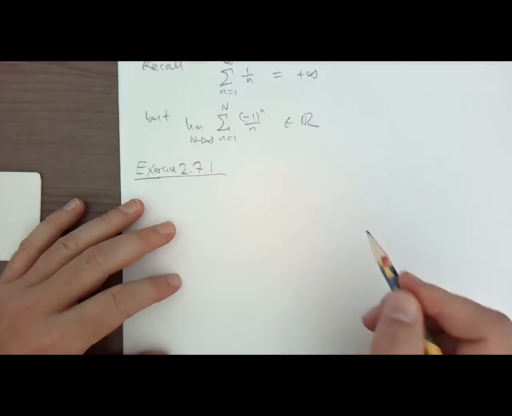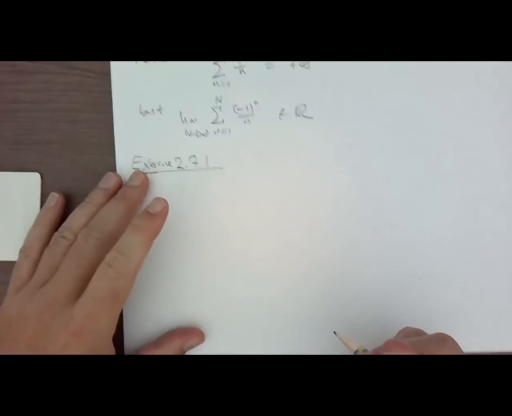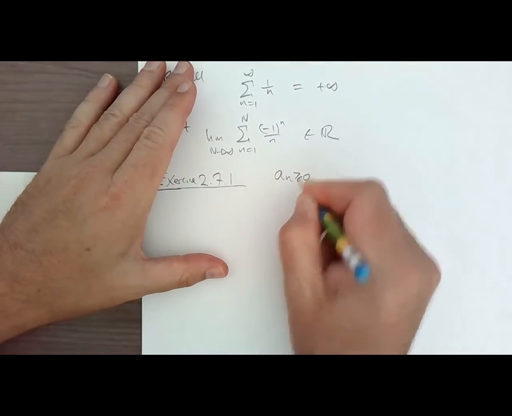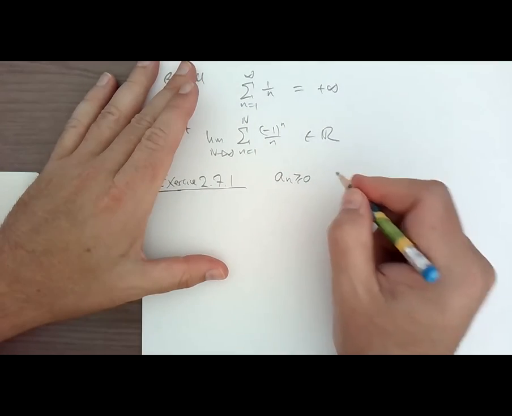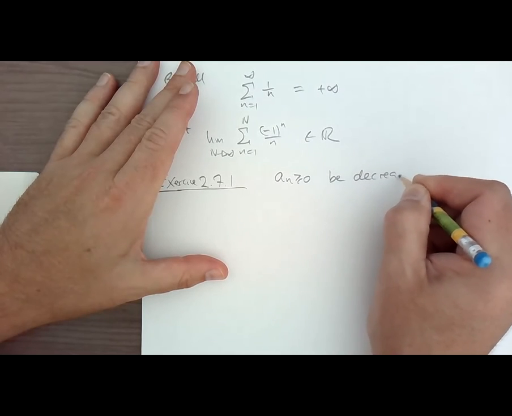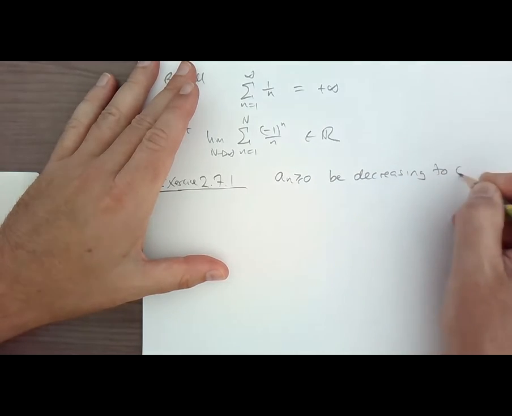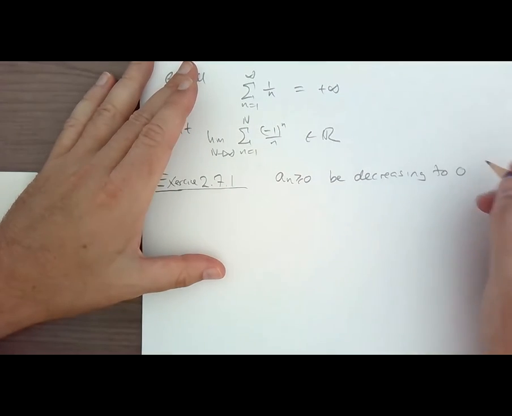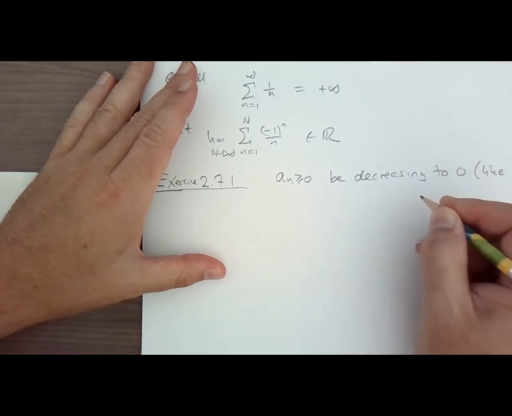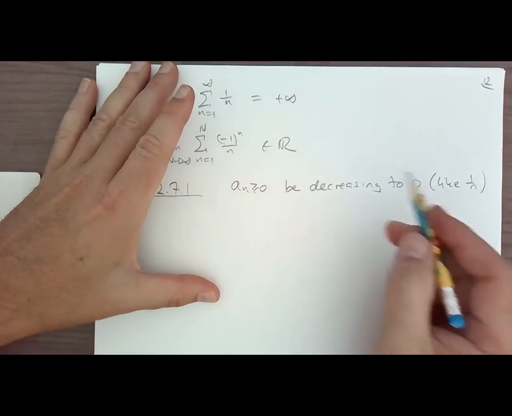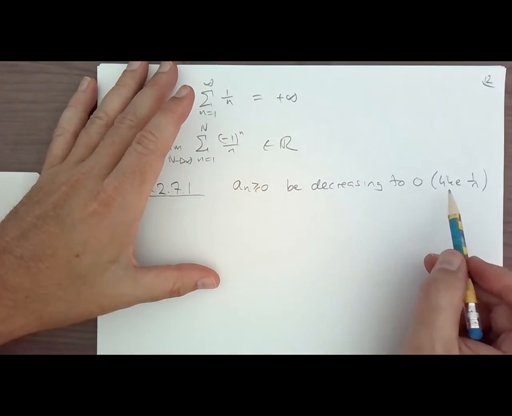So this exercise 271, it says, what are the ingredients? Well, you will take a_n positive and decreasing to 0. And the one we have here is like 1 over n, right? So for us, the example that we had up here, a_n is like 1 over n.